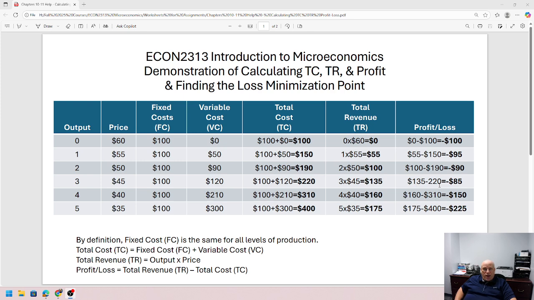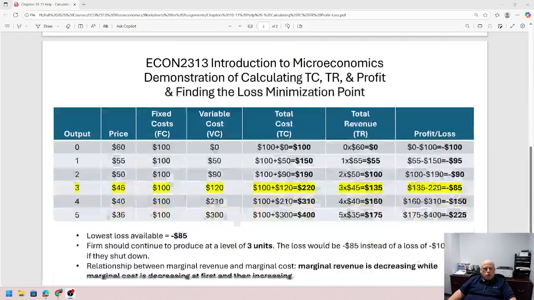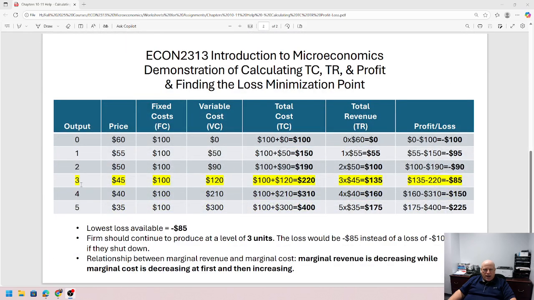So our best case scenario here, which is basically our loss minimization point, since we know we're going to lose money at all levels of production, is to find the level of production where we're going to lose the least amount of money. In this case, it is 3 units of production, and I've got it highlighted here on this second slide. So at 3 units of output, that's where we're going to minimize our loss.